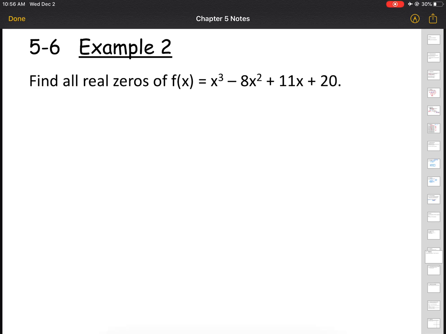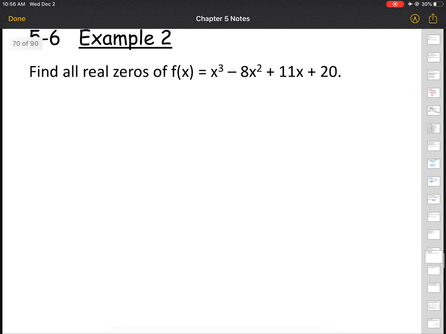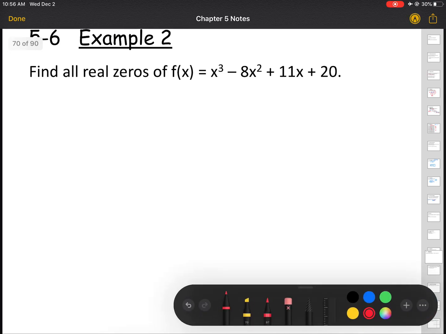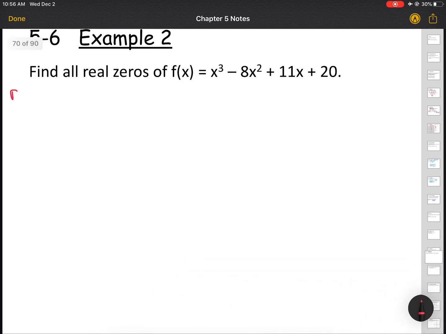Okay, so again, what we're going to do is list out our factors p and q. My p here, looking at my factors of 20, is plus or minus 1, plus or minus 2, plus or minus 4, 5, 10, and 20 itself.